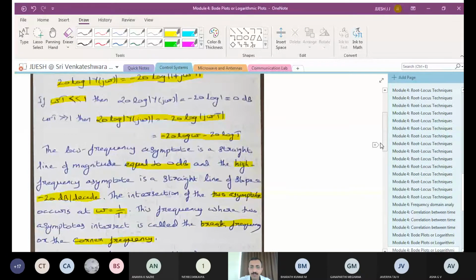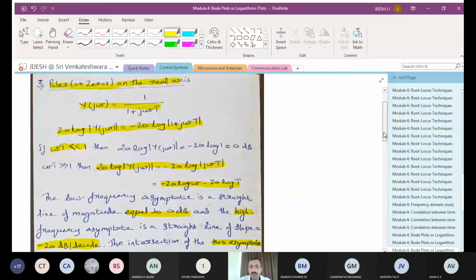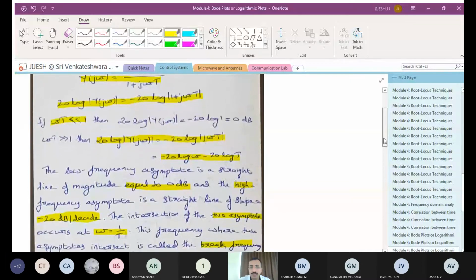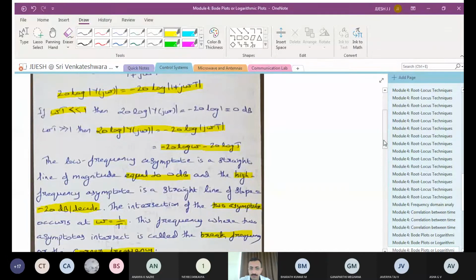We have seen here the poles and zeros on the real axis, and you have taken this equation. Then we have taken the logarithm for that. For omega t greater than 1, you got minus 20 log omega minus 20 log t. For omega t less than 1, you get 0 dB. So you should remember all these things when you solve the problem.